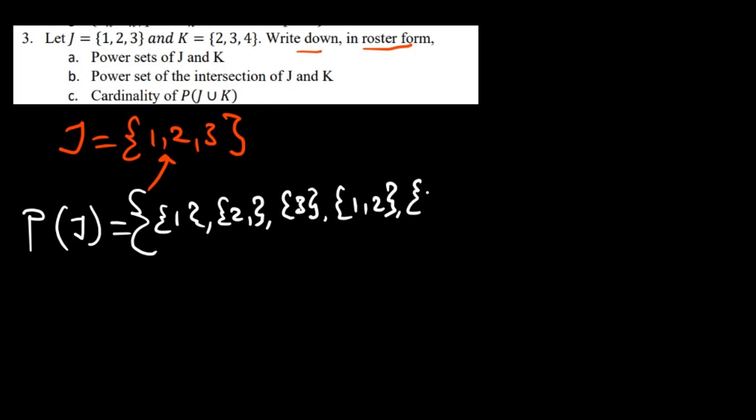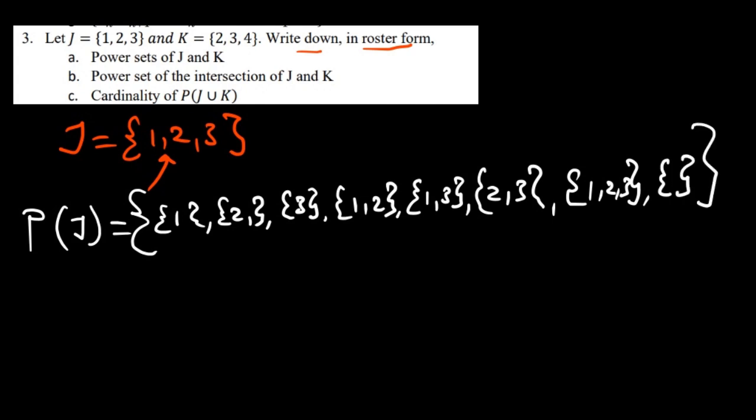So we have {1, 3}, and then the other combination will be {2, 3}, and then we have the set itself, {1, 2, 3}, and then we have the empty set.